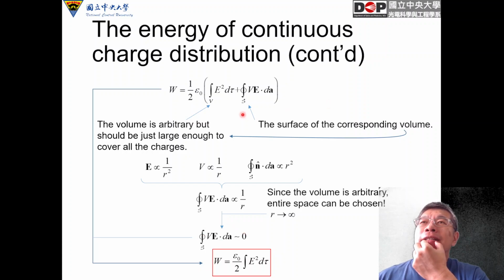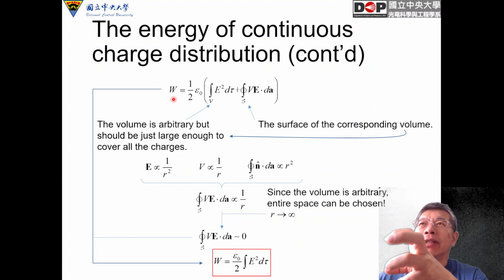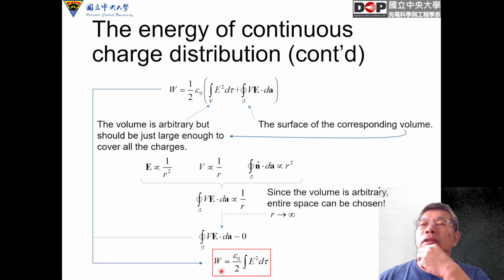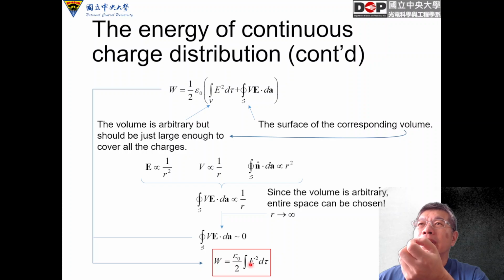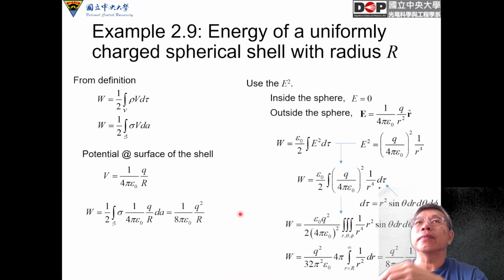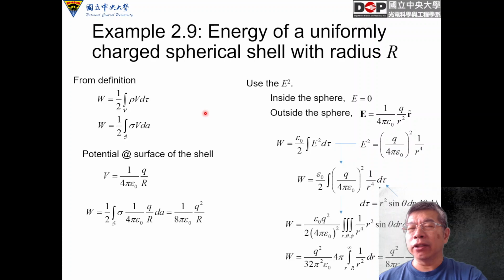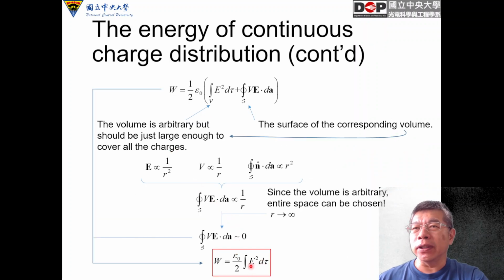So in the original formulation, the total work done by bringing the charge into a certain configuration, the total energy or work done, equals this. And that is the interesting thing, because the total energy is actually the electric field squared integrated over all the volume. In other words, the energy is stored in the electric field.